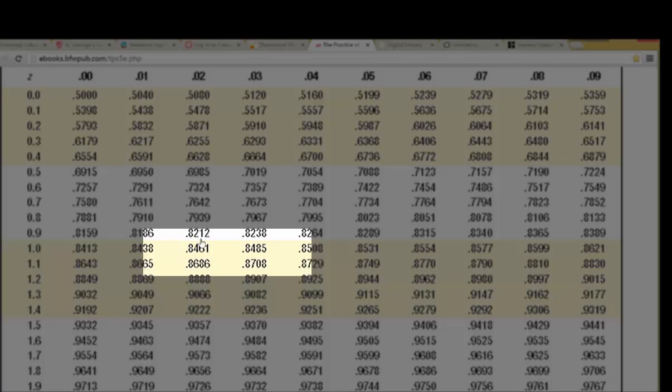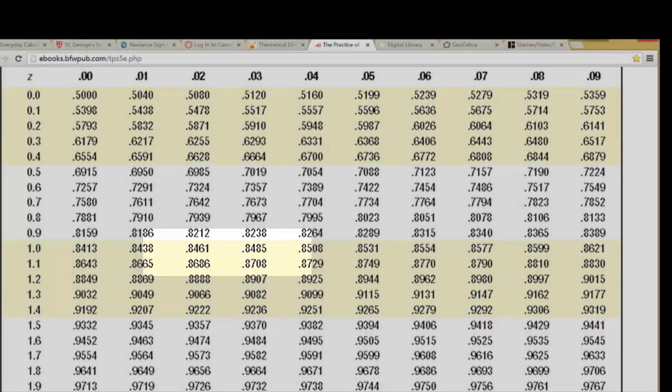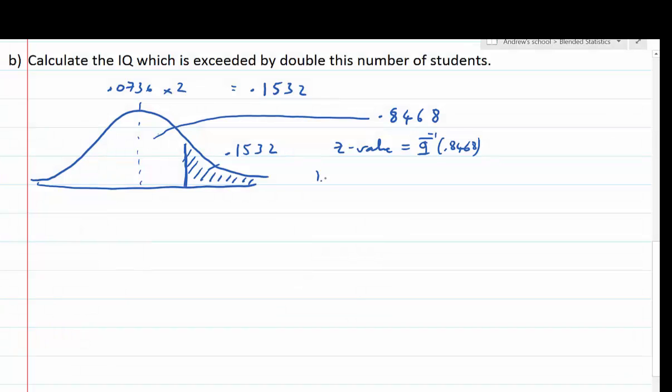So 0.8468 is looking between 1.02, 0.8461, and 1.03, 0.8485. So 1.02 was 0.8461, 1.03 was 0.8485.